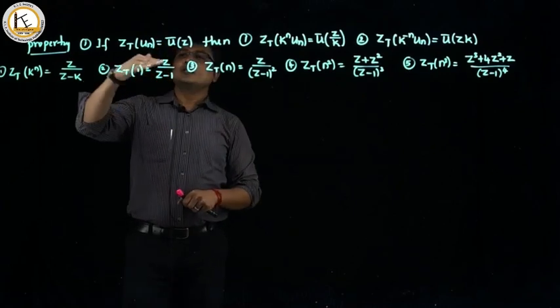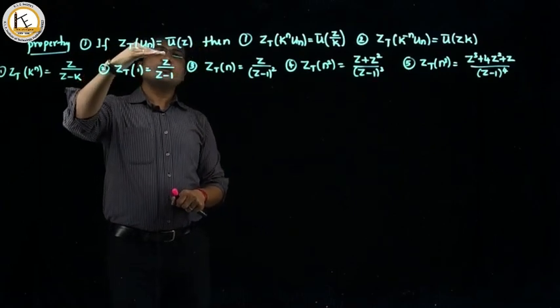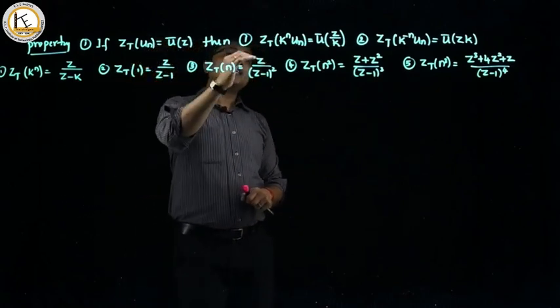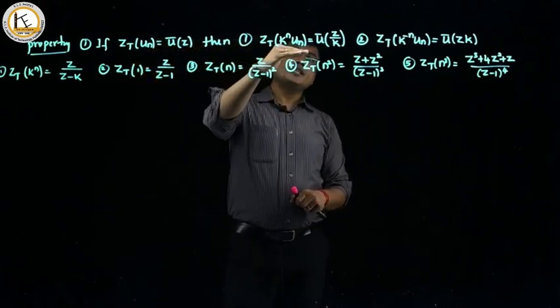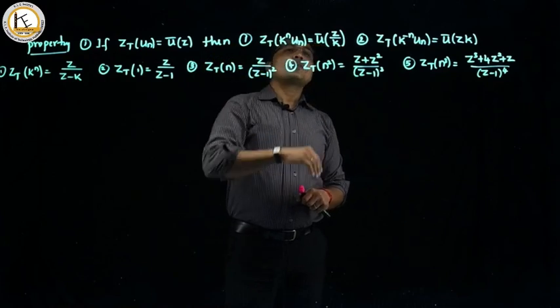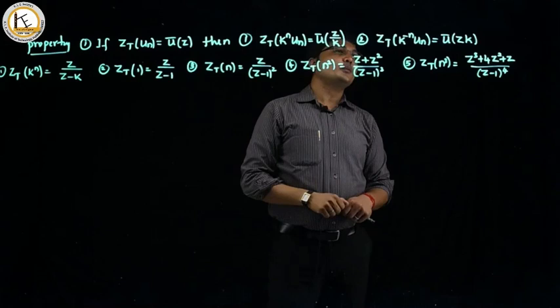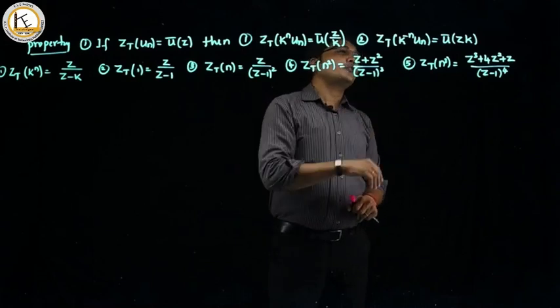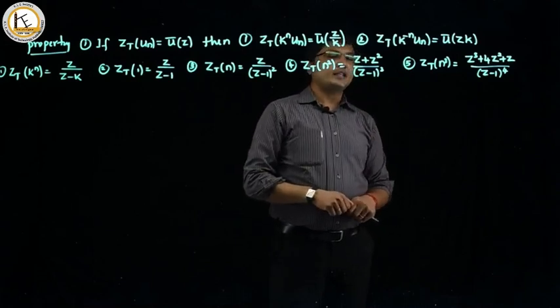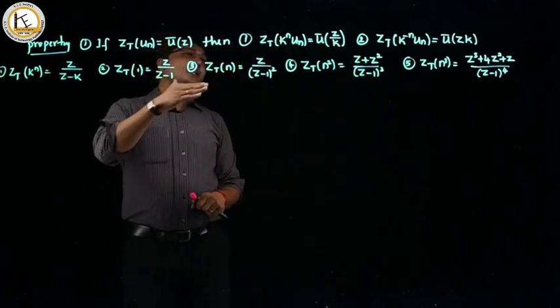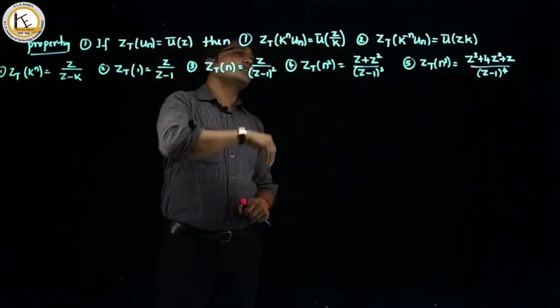And also we have a property that if Z transform of Un is U bar of Z, then definitely Z transform of k raised to n into Un is given by U bar of Z by k, and also Z transform of k raised to minus n into Un is equal to U bar of Zk. So now we will solve some problems by using these properties.